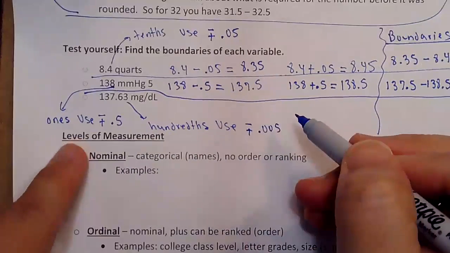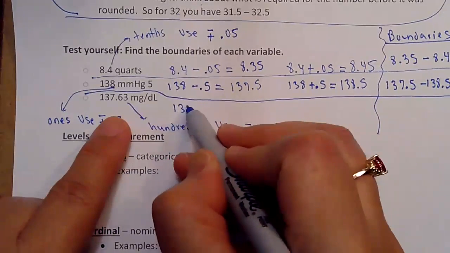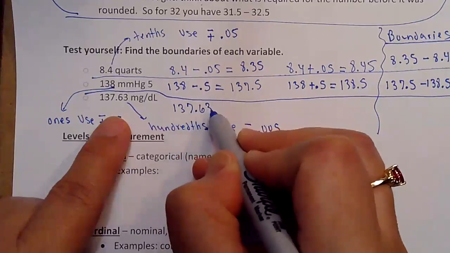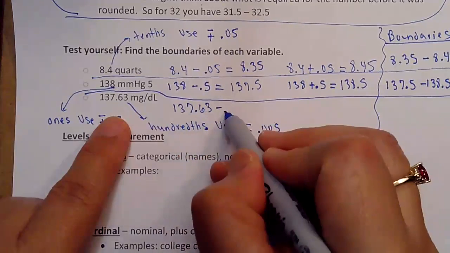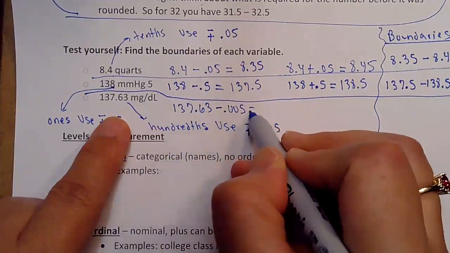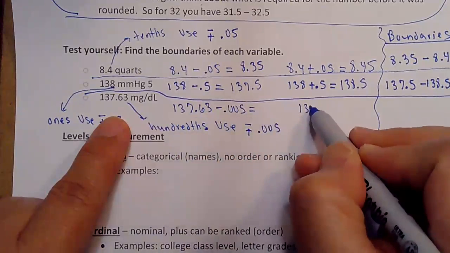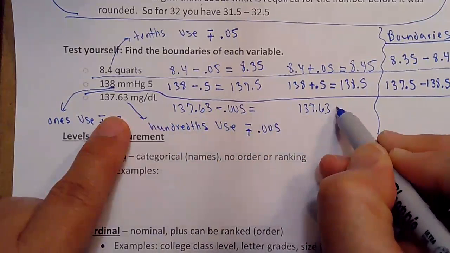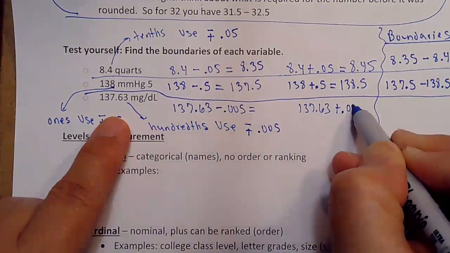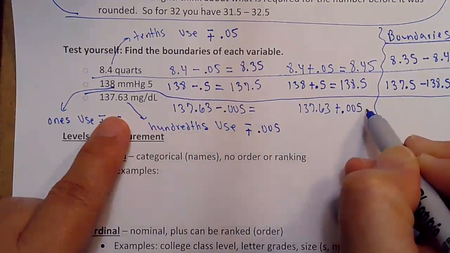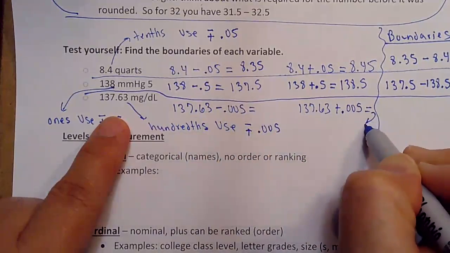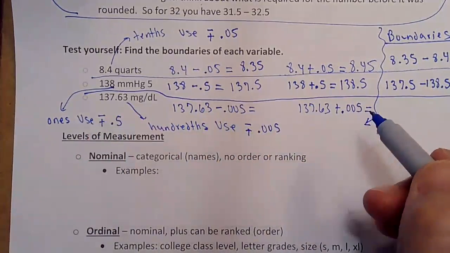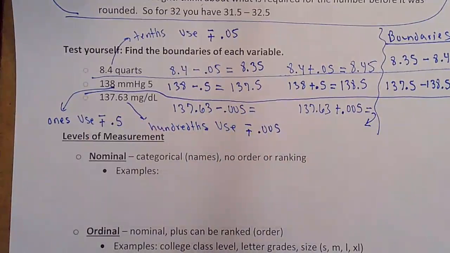So we have 137.63 minus 0.005 and 137.63 plus 0.005. Okay, and then I'm going to get my calculator.